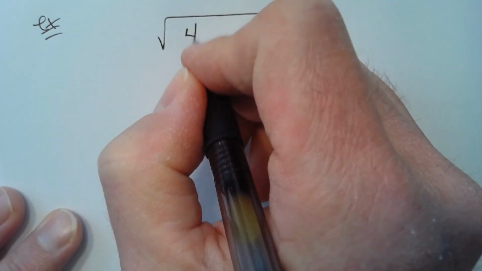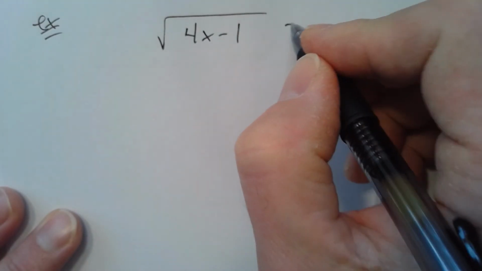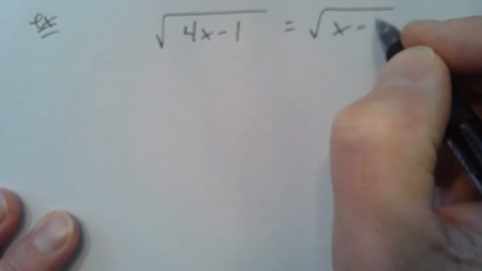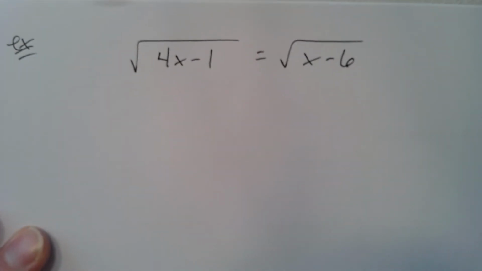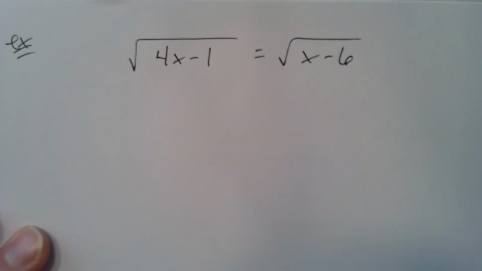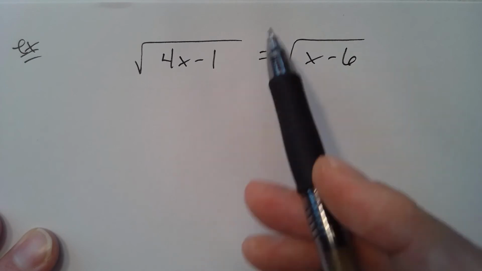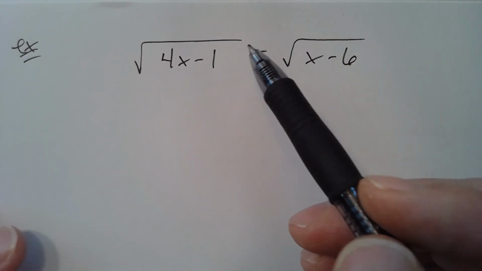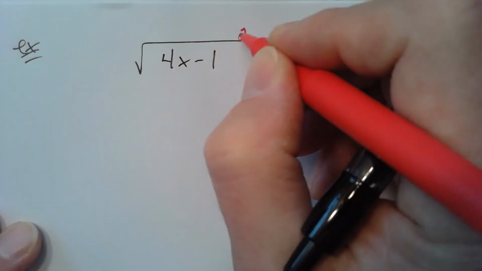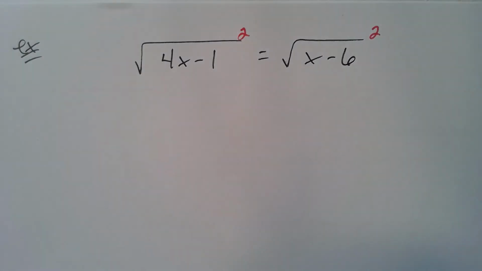I've got 2 more examples. Let's say I have the square root of 4x minus 1 equals the square root of x minus 6. Alright, so normally we have to isolate the square root. There's more than one square root, and they're already isolated, so we can just undo the square roots by squaring both sides.